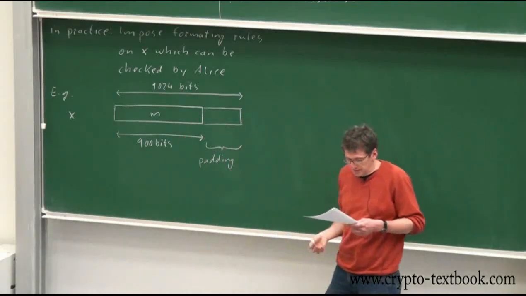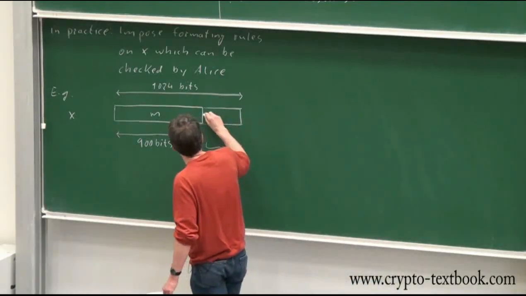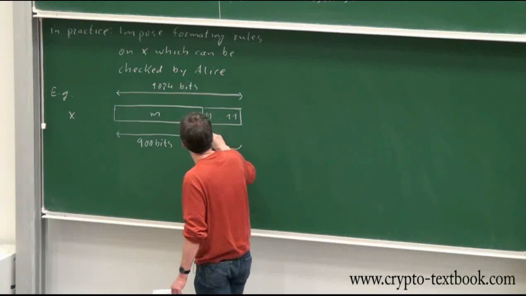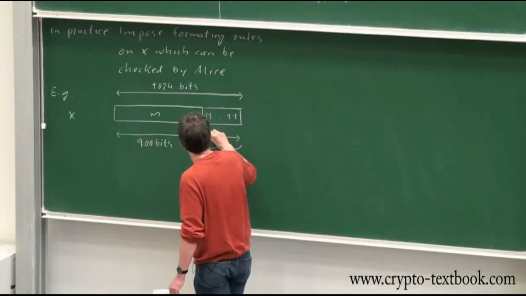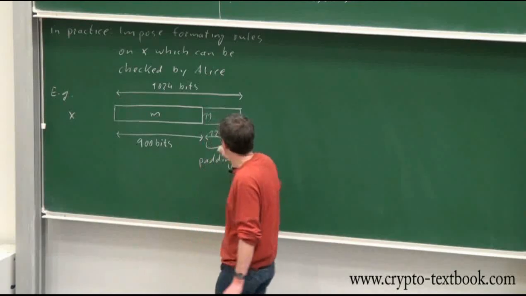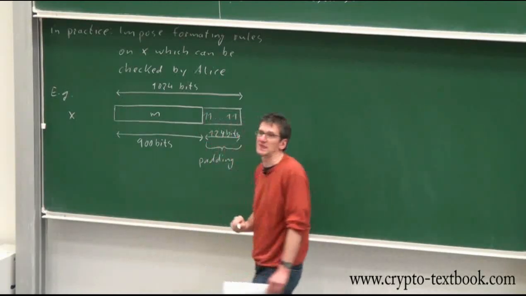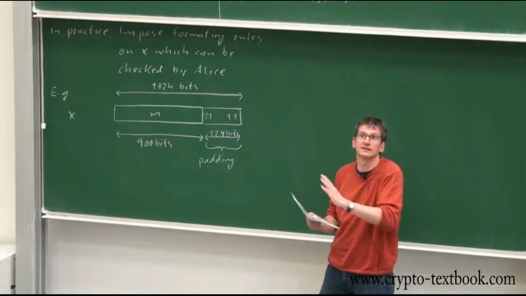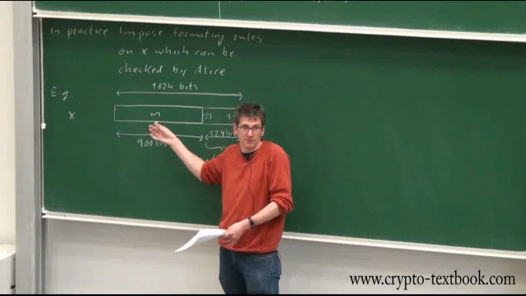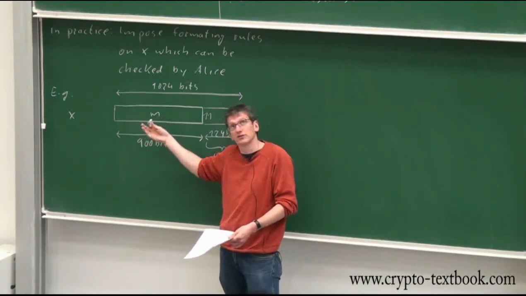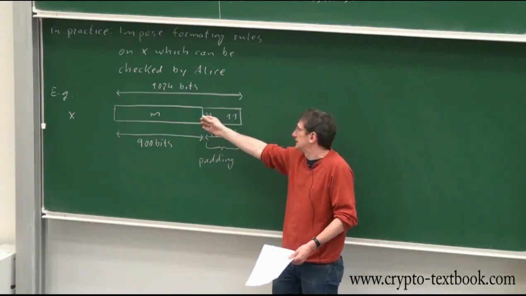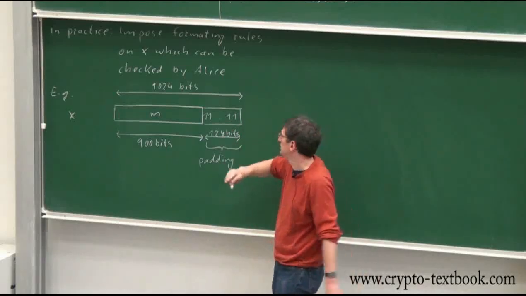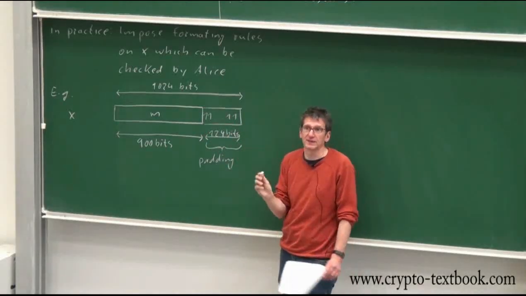You impose an arbitrary bit pattern, and to make things easy, we say, okay, we want to have 124 ones there at the end. Okay? We say every message that Alice signs has this format. 900 bits, whatever, the payload, what you actually want to sign. We don't care what that is, but the trailing bits, the last bits, the LSB bits, least significant bits, are all ones. Okay?